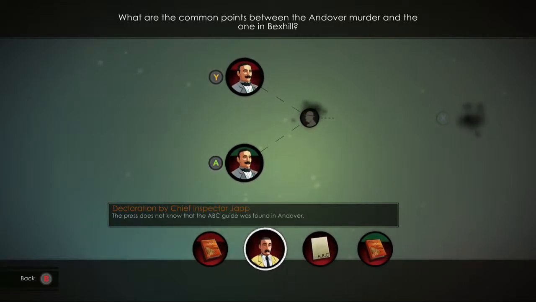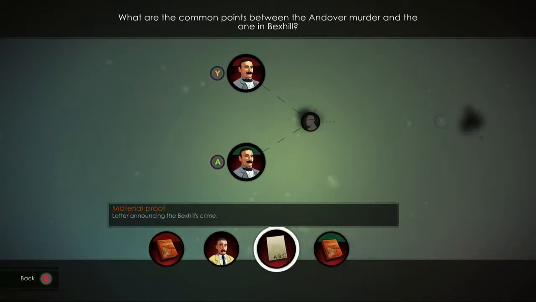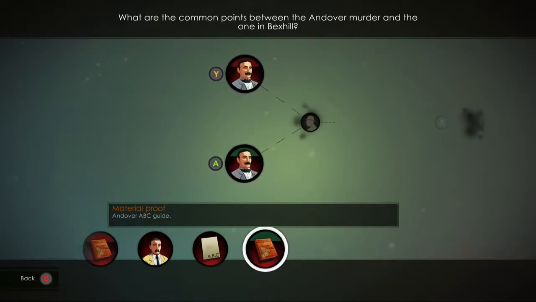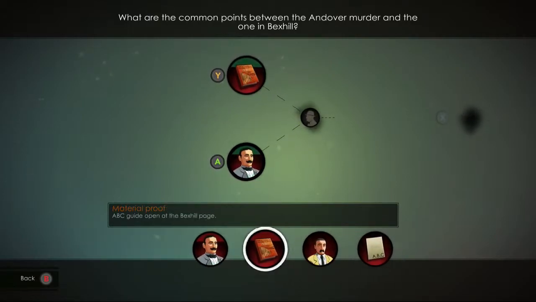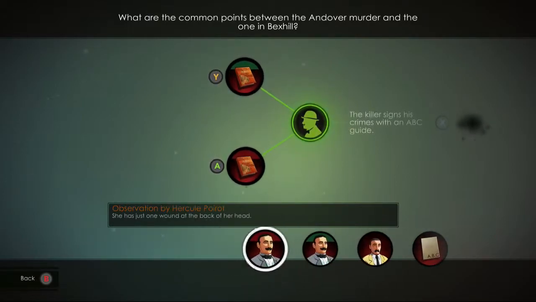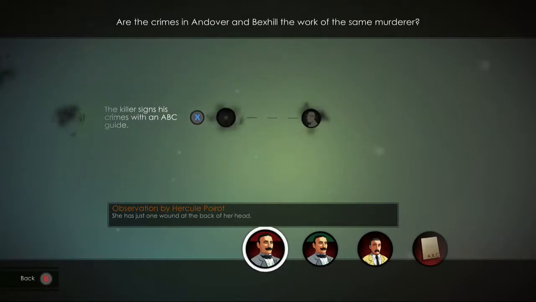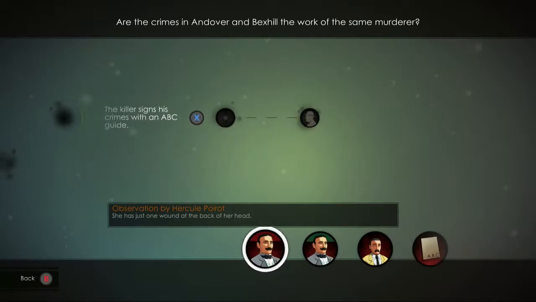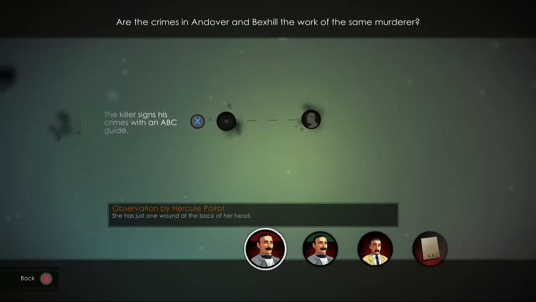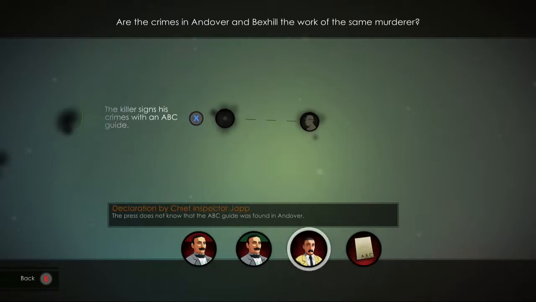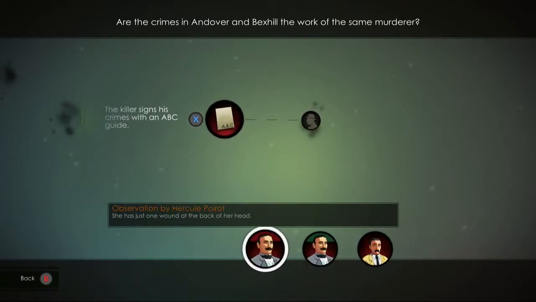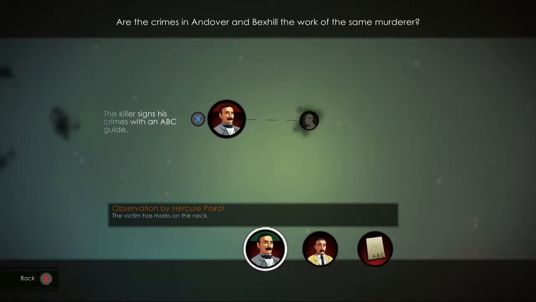And then, are the crimes in Andover and Bexhill the work of the same murderer?